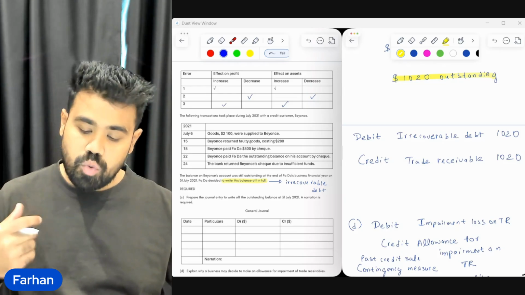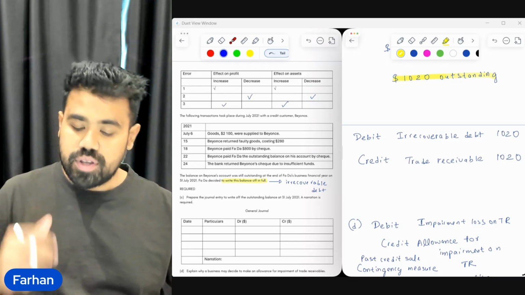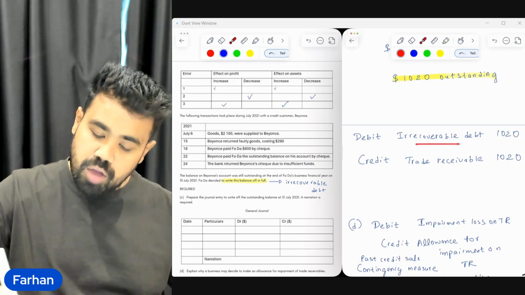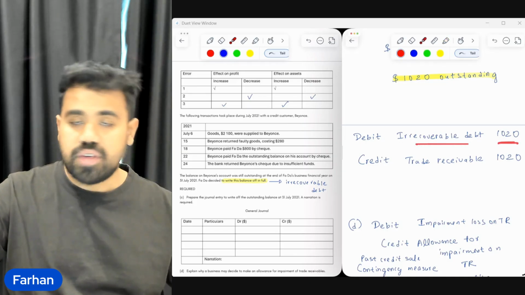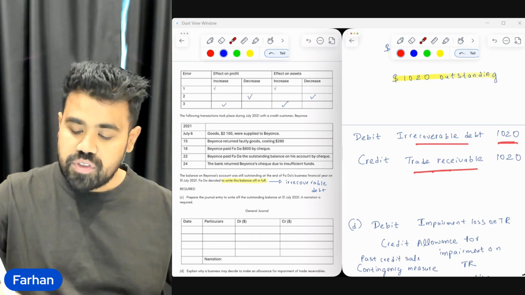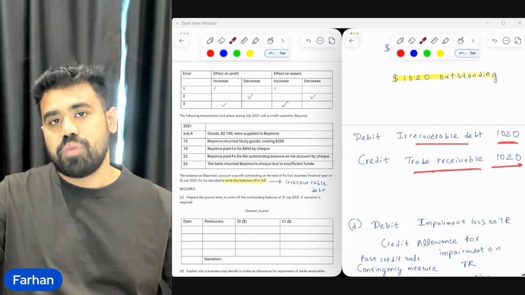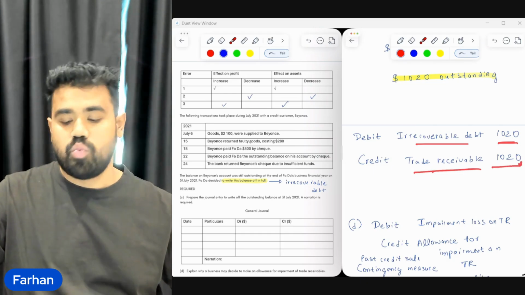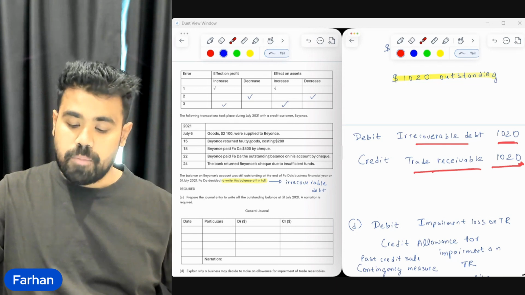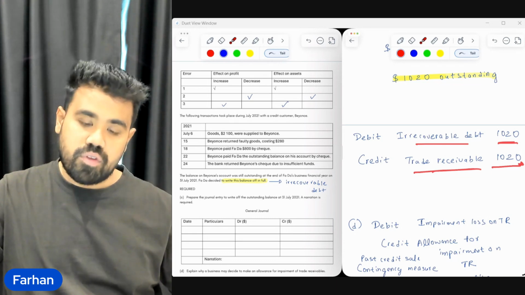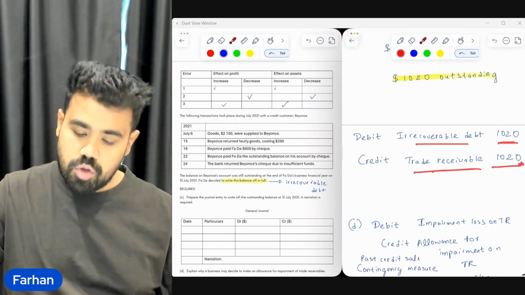When an expense is incurred, we debit it. So we debit the irrecoverable debt account by $1,020, and simultaneously we credit the trade receivable account by $1,020, because Beyonce is no longer a credit customer once the returns have been processed and the relevant write-off has been done.